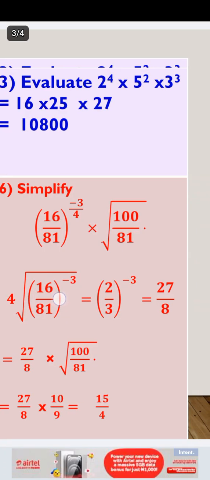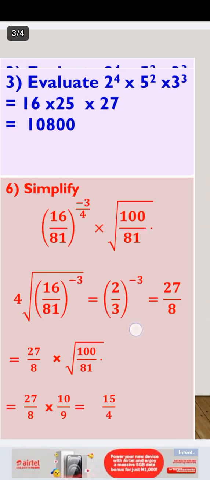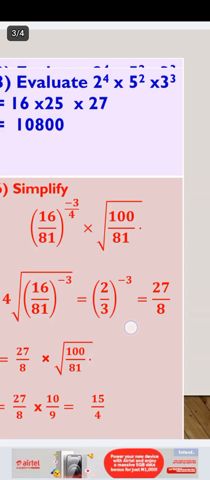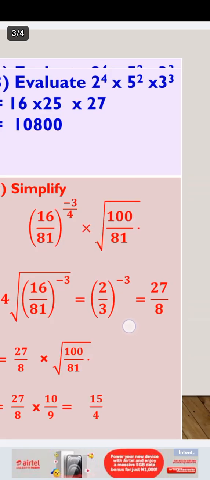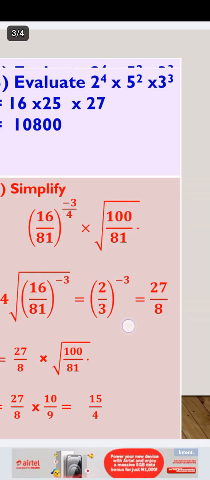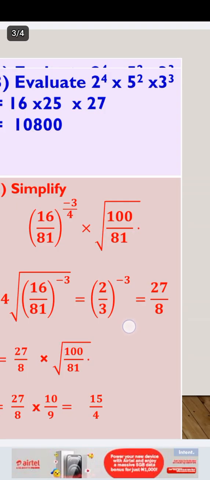Minus 3, which is the same thing as the fourth root of 16 is 2, and the fourth root of 81 is 3. Automatically, we now have 2 over 3, open bracket and close, raised to power minus 3.